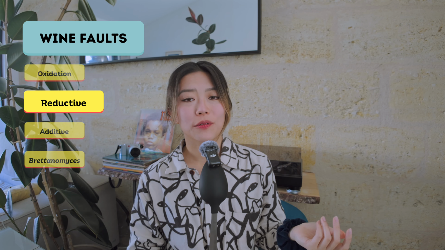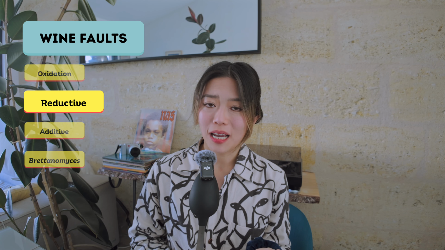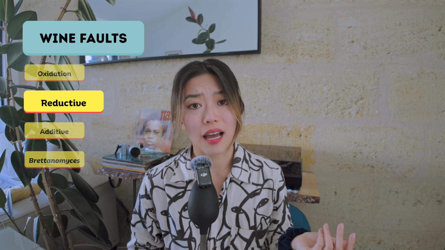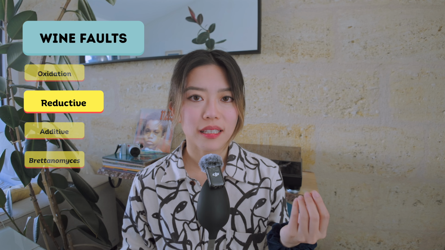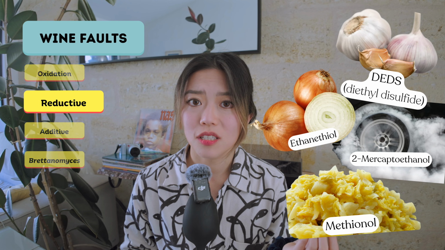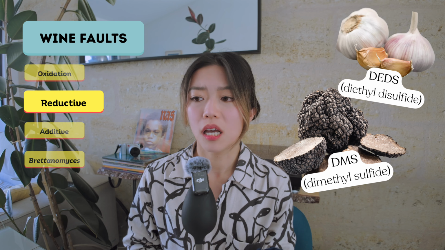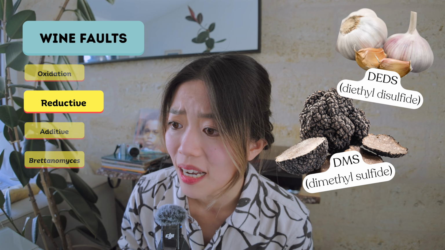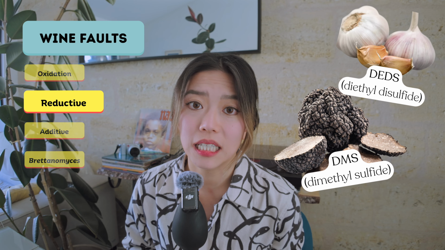The rest of this category, as we are not in a wine chemistry or microbiology class or deep dive, maybe one day I will consider making something more technical if I have enough audience. So I'm not gonna list all the compounds here, but basically they smell like garlicky, onion, burnt rubber, or cooked cabbage, which represents the DDS, DMDS, DMS, the dimethyl disulfide, and dimethyl sulfide, DMS.